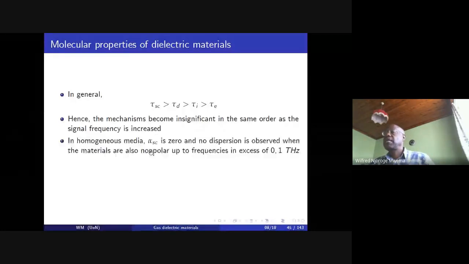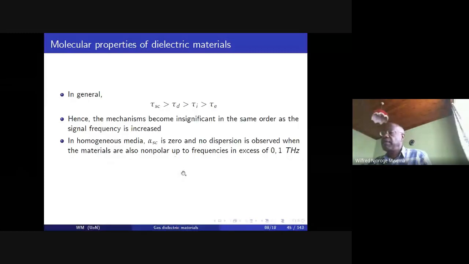This is important, especially when we are trying to measure the capacitance of a system using alternating current. So in a homogeneous material, the alpha_SC does not vibrate, being trapped, and therefore we expect no dispersion when the material is non-polar, at frequencies far above 0.1 terahertz towards the optical frequencies.